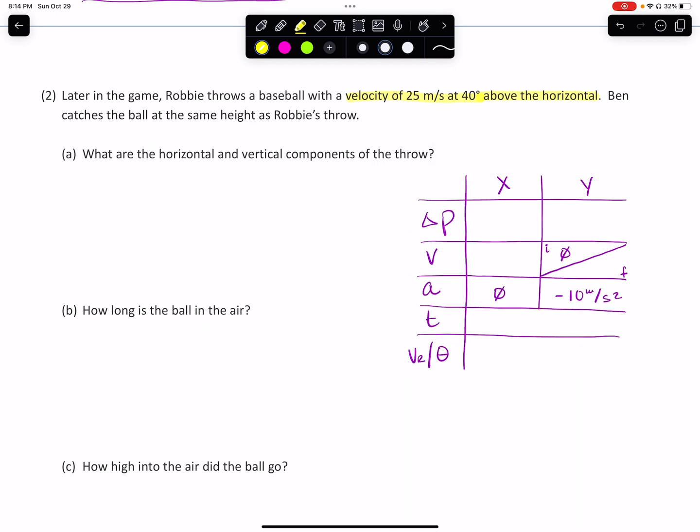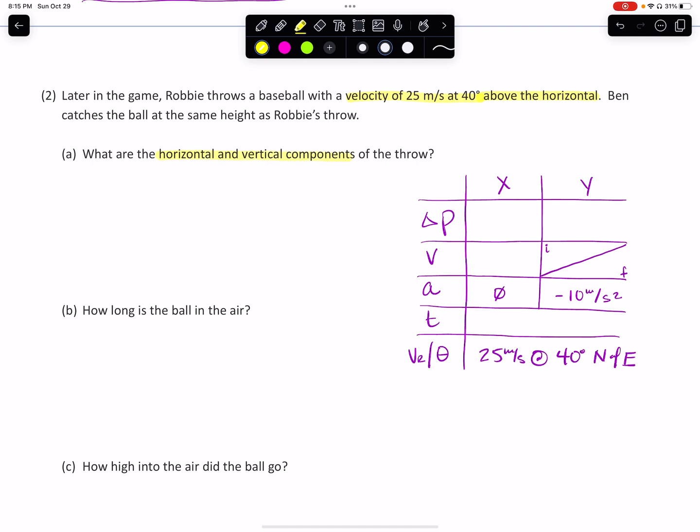All right, so what do we know? Well, we know acceleration values. Horizontal is constant and vertical is changing at negative 10 meters per second squared. We also know our resultant is 25 meters per second at 40 degrees north of east. All right, and that's about it. That's all we know. Okay, so let's see what the first problem was. Oh, okay.